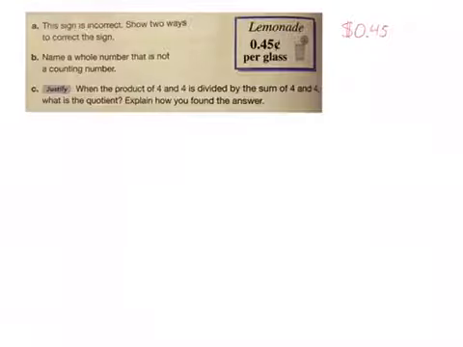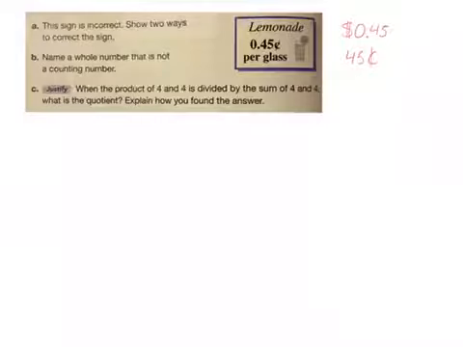The other way would be to say 45 cents. What the sign is saying is 0.45 of a cent, so it'd be a little less than half of a penny per glass. What they mean is 45 cents.